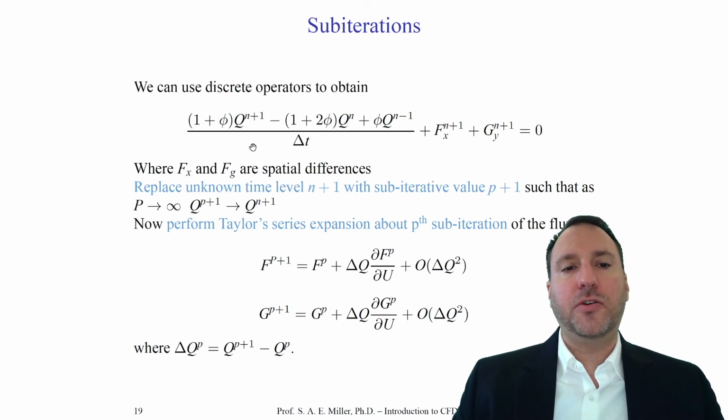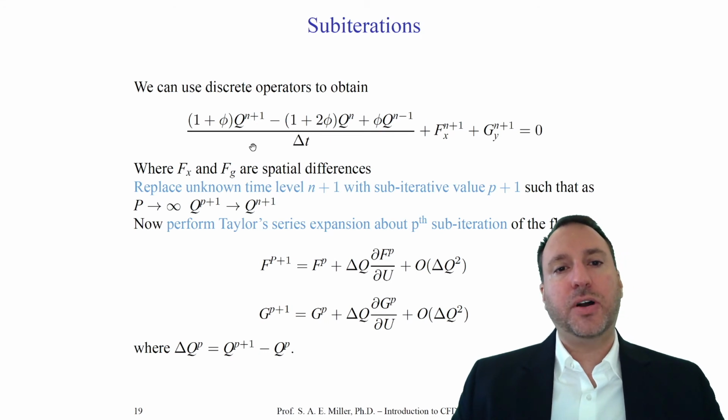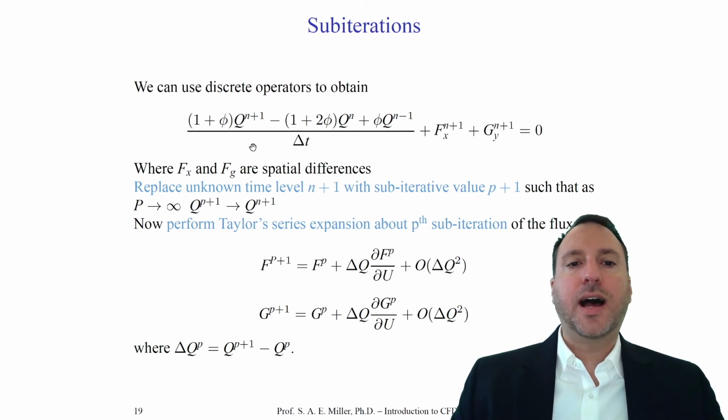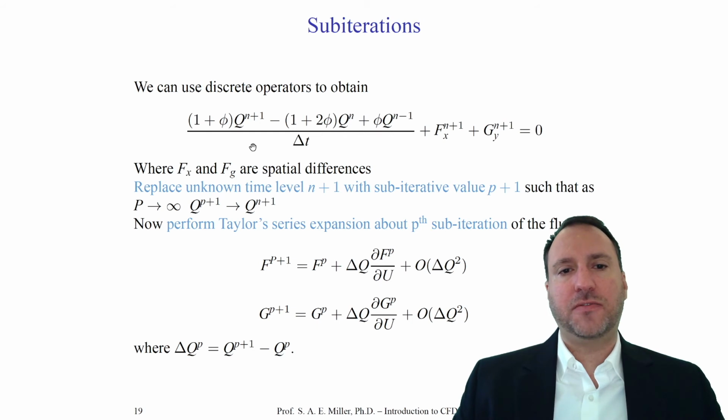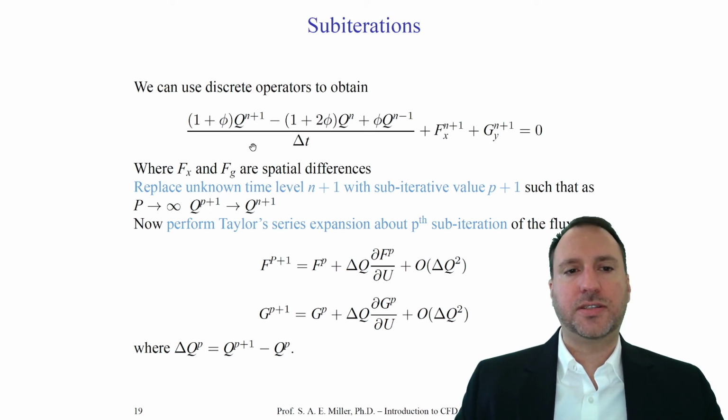We have unknown values in the future, but we have a system of equations. How might we find and approximate the future values? Well, with a numerical method that uses an iterative technique. That's why they're called sub-iterations for advancing in time. Many contemporary CFD solvers use this instead of simply the explicit Runge-Kutta scheme itself or other time integration schemes.